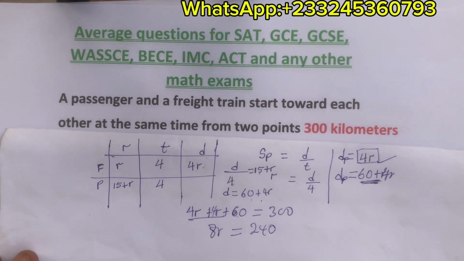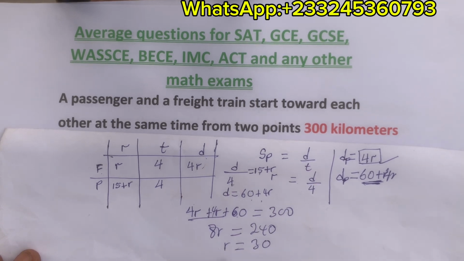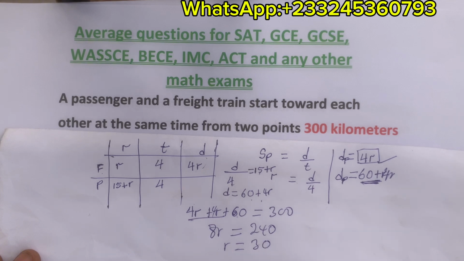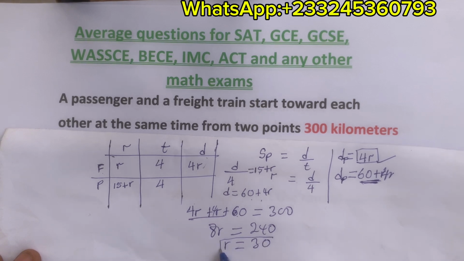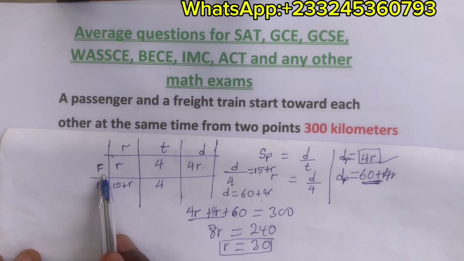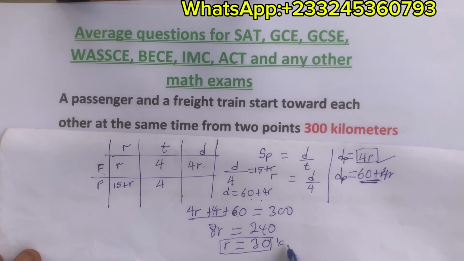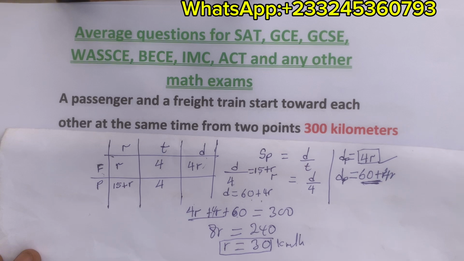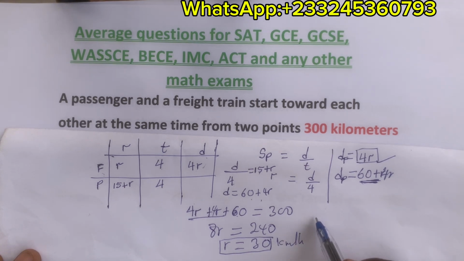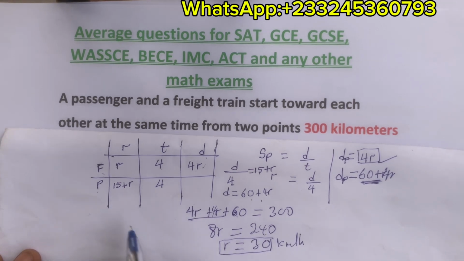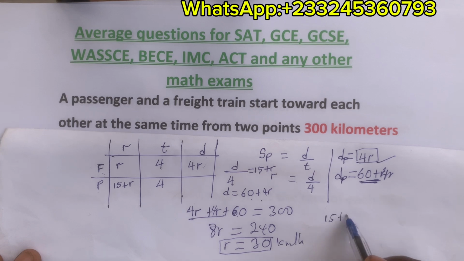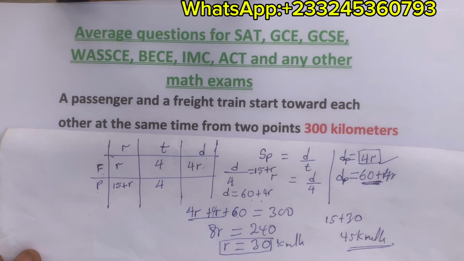And what would this give? This will give us R equals 30, because 8 will divide 24 3 times, then we put a 0 there. So the rate at which the freight train is moving is 30 kilometers per hour. And the rate at which the passenger train is moving is 15 plus 30, which is 45 kilometers per hour.